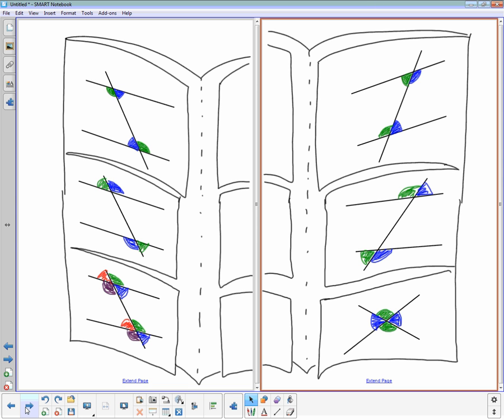Wait, I had plenty of colors in there. Where are all the crayons? Well, I had them a moment ago, and now I don't. Hold on. Here, I have some more. Who doesn't have stuff?